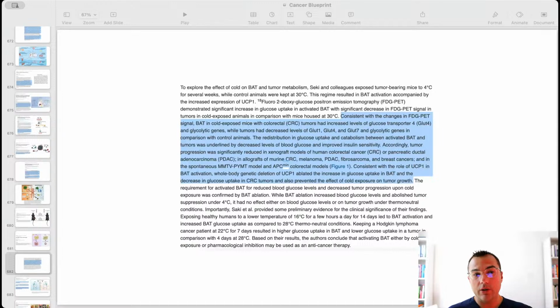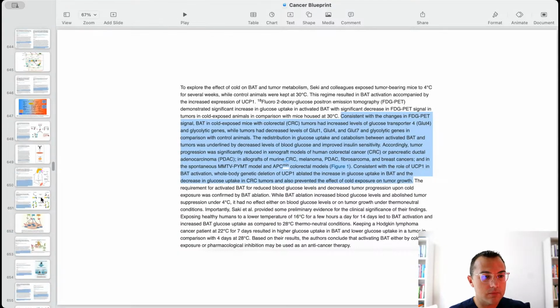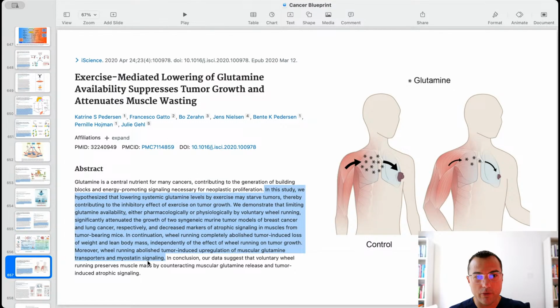And given that you're not exercising, and it seems that exercise will lower blood glutamine levels because the muscle cells are being worked. I don't know if I have the slide immediately available. I probably do, actually. Let me see if I can find it. This is it. I do have it immediately available. So remember, I don't know if you remember this way back, this slide, that exercise will lower glutamine availability to suppress tumor growth.